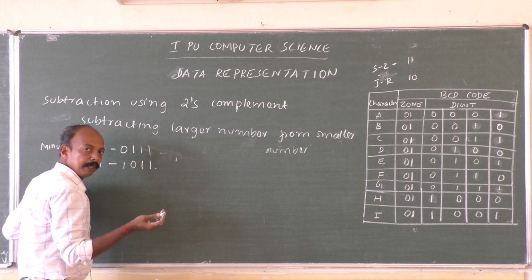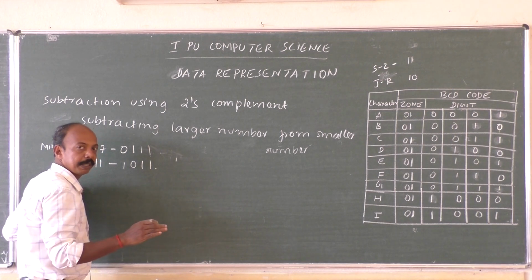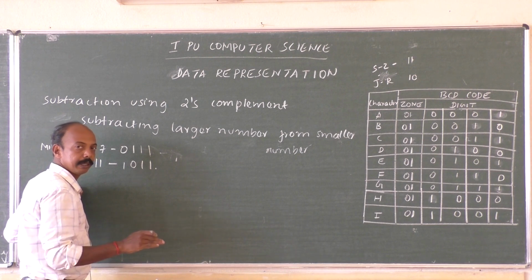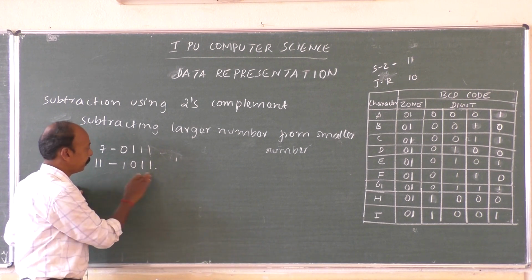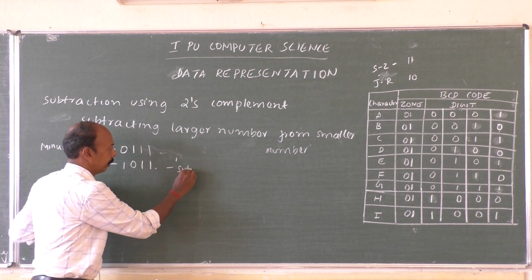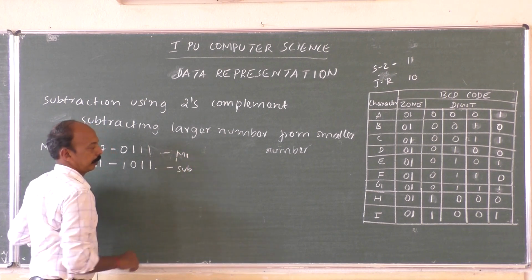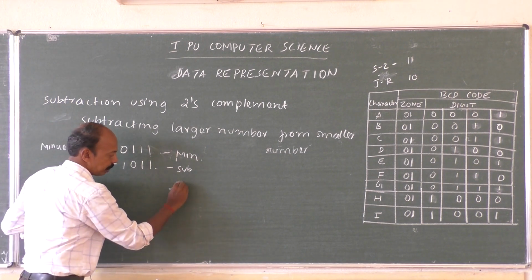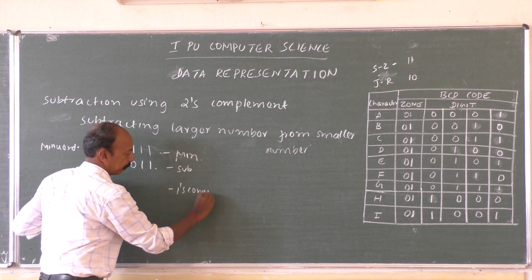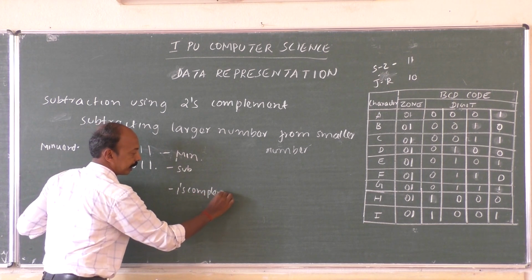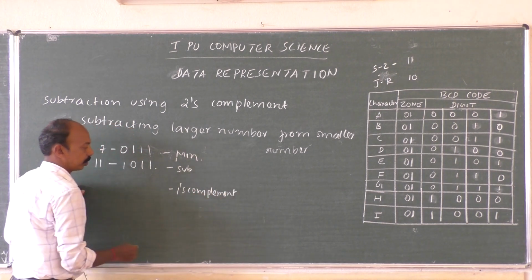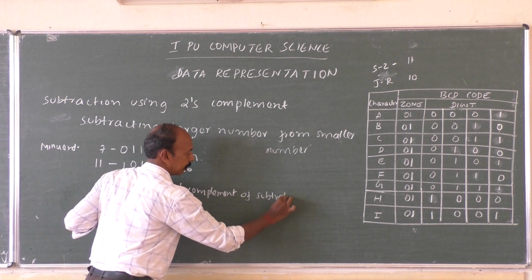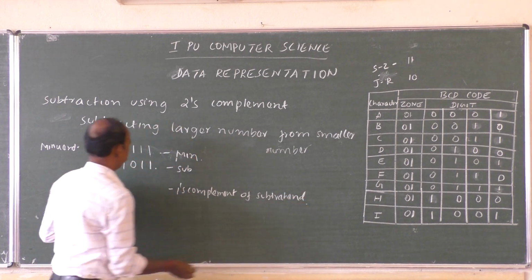Before taking 2's complement, what is the first step? 1's complement we have to take and add 1 to LSB of that, it becomes 2's complement, right? So 1's complement of the subtrahend, this is the subtrahend and this is the minuend. Now we shall take 1's complement, because directly 2's complement we can't take. 1's complement of subtrahend is what?